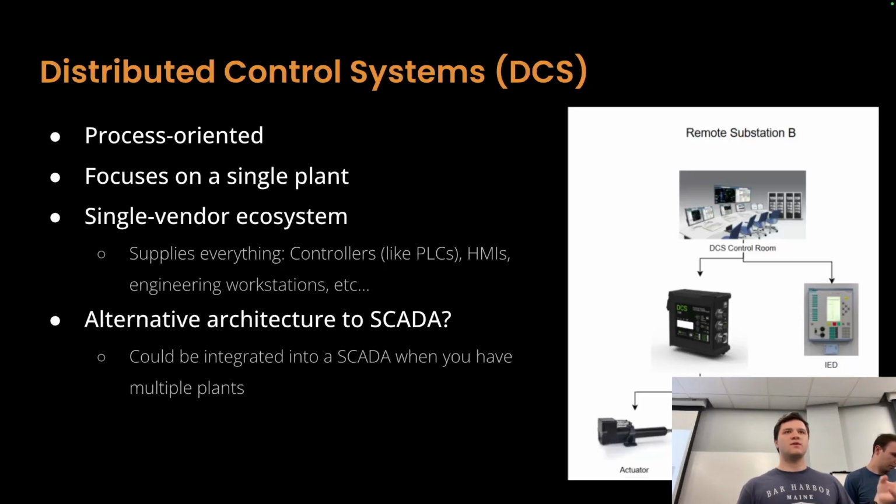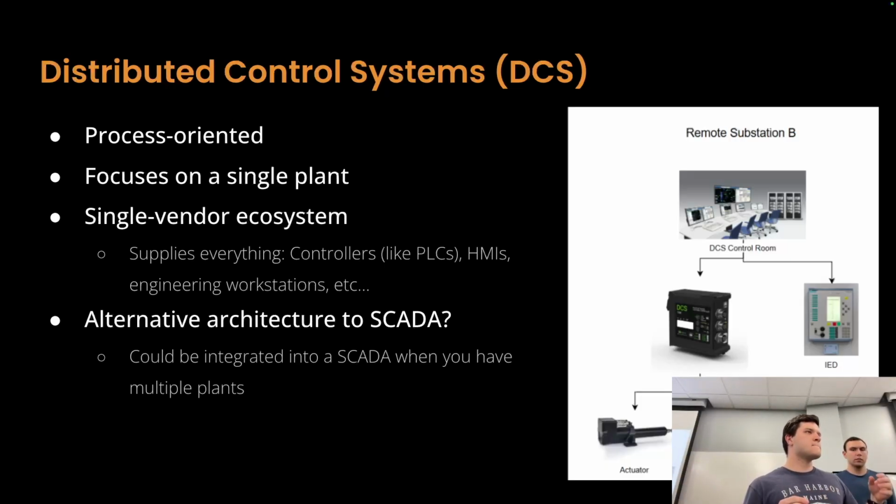An easy way to do that is to buy everything from the same vendor: your HMIs, your controllers, actuators, sensors, all of that, as well as the engineering workstation software, all from the same place. It allows these companies to have everything closely integrated, because that's a big issue in these industrial complexes. If you have all these different vendors, you then have protocols that you have to use between them. So it just makes everything much easier when you have it all closely linked together.